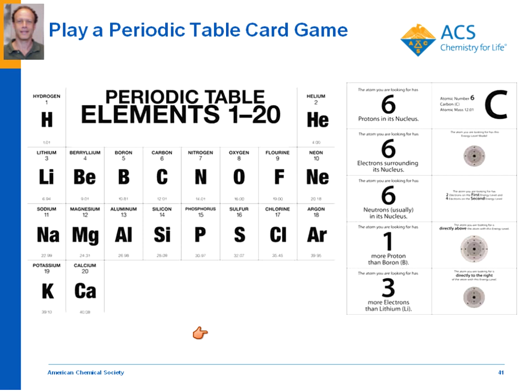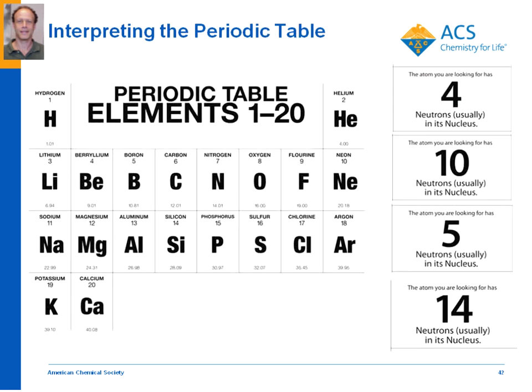Let's do just a couple more. Why don't you guys try it? Hey, Bryn, for instance, this first one, the atom you're looking for has 4 neutrons, usually, in its nucleus. Bryn, why don't you help people, how would they answer that, by putting little markers on the periodic table? Sure, Jim. So what we're going to do, everybody, is it's going to be the quickest to the draw.